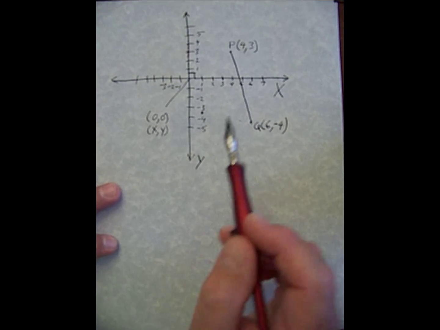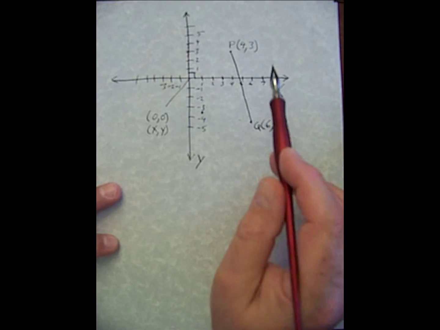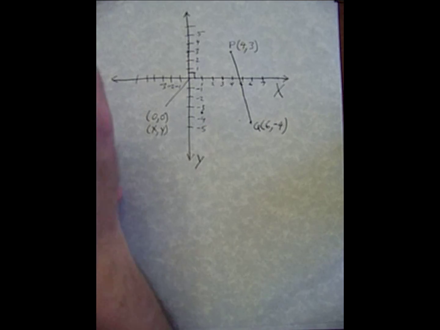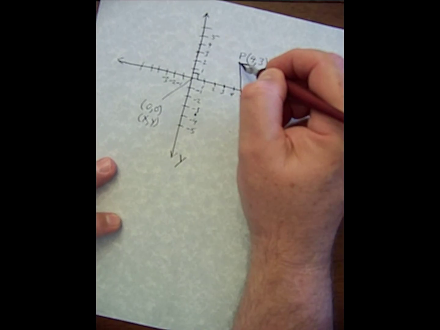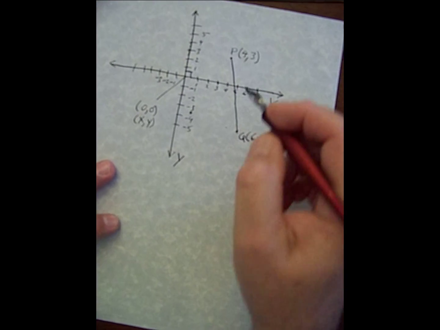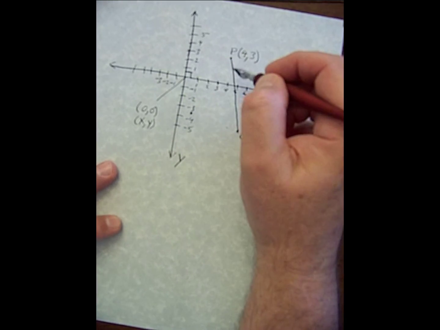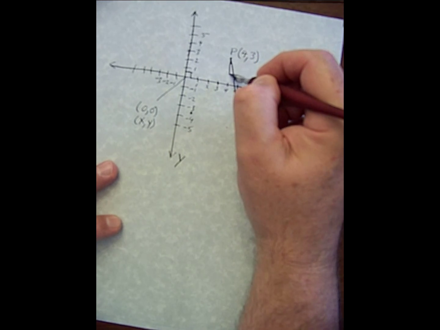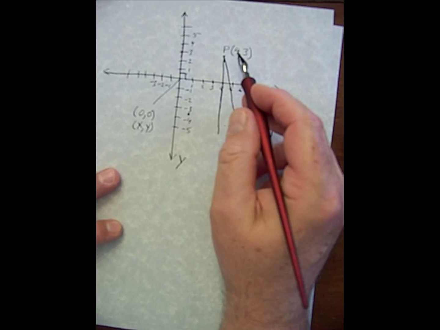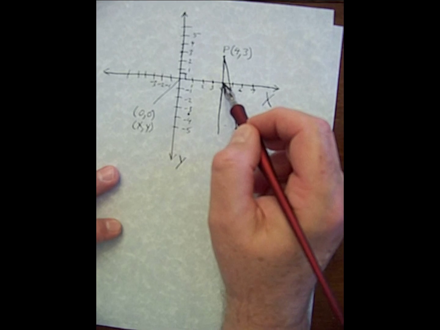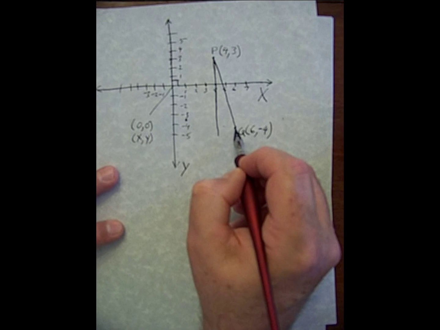Well, in 1-dimensional space, it's just the difference between the 2 x coordinates. But here we have x coordinates and y coordinates. So in order to calculate this distance, we need to draw a couple more lines. So we're going to draw one line which is parallel to the y-axis, which means it's perpendicular to the x-axis, and it's going right through the number 4 because that's the coordinate of this point P. Then we're going to draw one from here over to the y-axis.